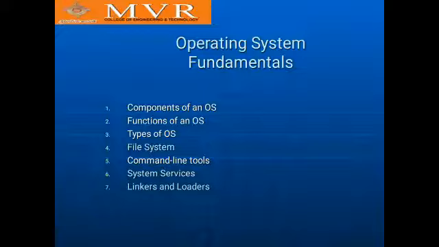Those are: first one, components of an OS; second one, functions of an OS; third one, types of OS; fourth one, file system; fifth one, command line tools; sixth one, system services; seventh one, linkers and loaders.